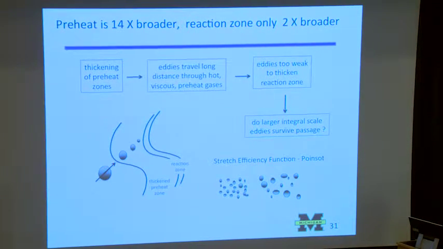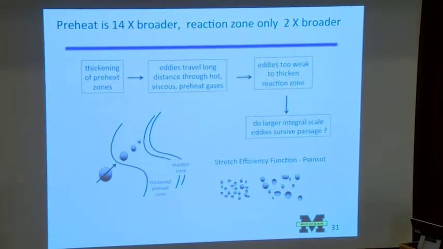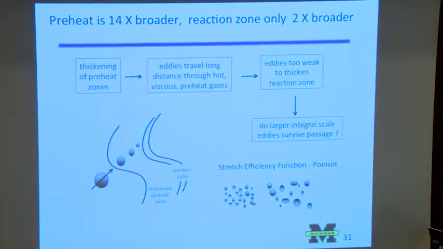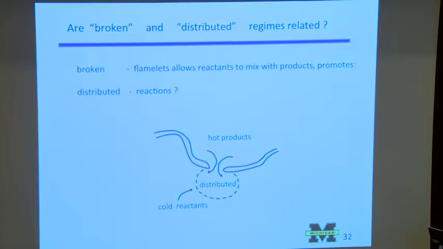And what's the relative role of the eddies in doing things like broadening or wrinkling flames? They did numerical simulations and computed a stretch efficiency function, which basically said that eddies of different size stretch the flame in different ways. But we haven't yet measured these as well as we would have liked.